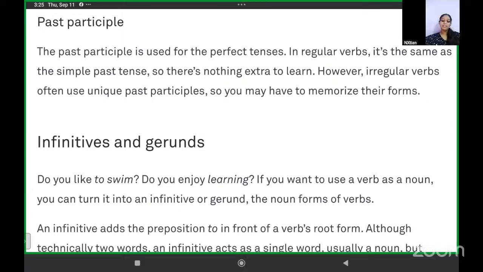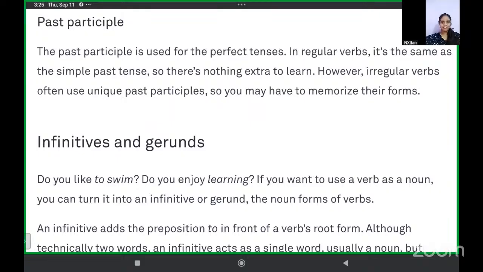Okay. What happens in simple past tense that I just taught you? Can you repeat the question?